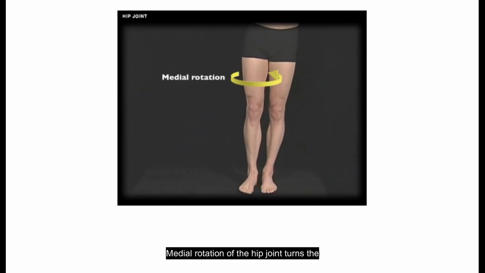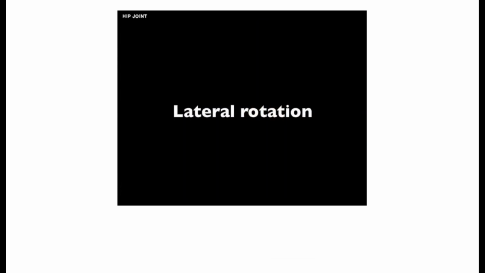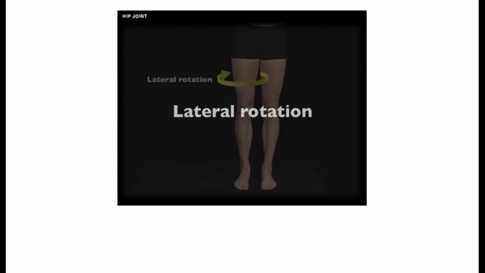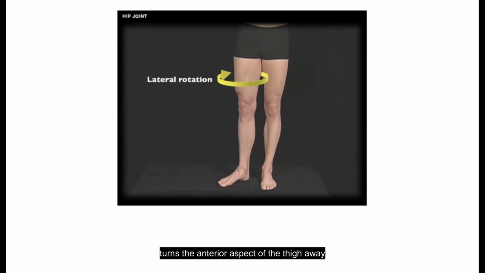Medial rotation of the hip joint turns the anterior aspect of the thigh toward the body midline. Lateral rotation of the hip joint turns the anterior aspect of the thigh away from the body midline.